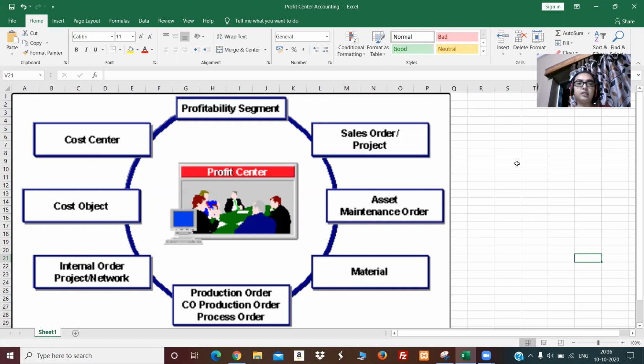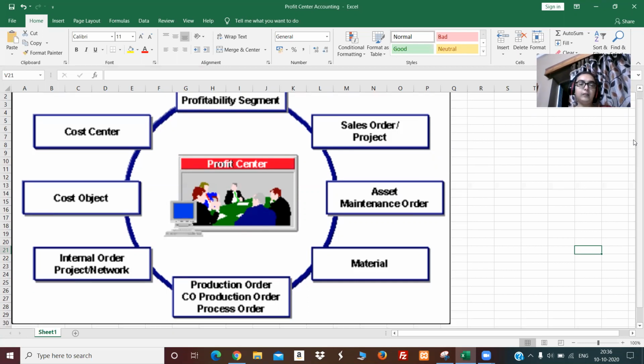Now, what does that mean? That is nothing but a bookish concept, and the meaning of the same is, profit center is nothing but a master data, which is also a cost object, like a cost center master.